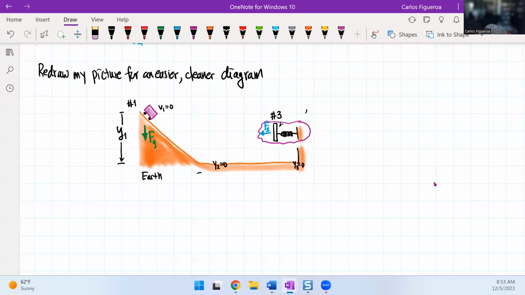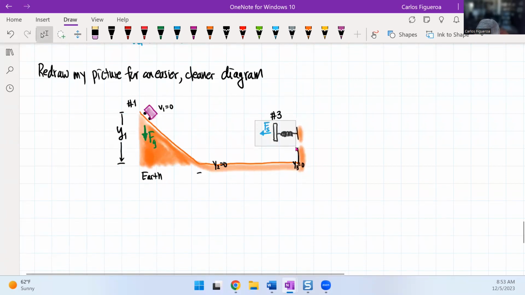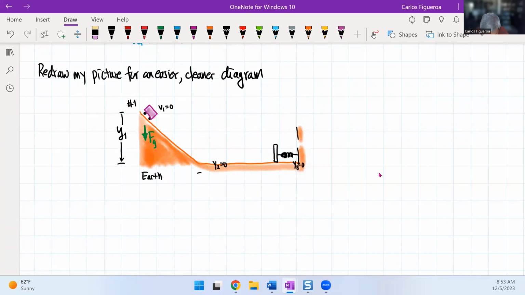So now I'm going to get rid of all of this and bring this guy down. We've already identified that we're going to get a compressed cart. So this is my state 1, and this is my state 3 here.